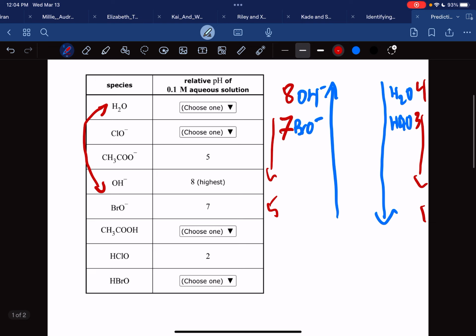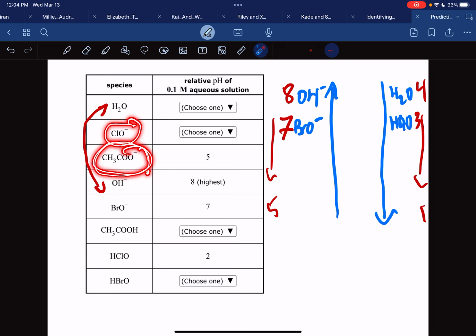Now, after BrO minus, we have to see what is next. If we look on our table, we have a few other choices for bases. And one of the things we can do with bases, we can look at the things that are negative, those are going to be bases. We've not figured out this one, ClO minus, and we have yet to figure out our 4 over here. But if we look at our ClO minus and our CH3COO minus, we have to determine which one of these two is the weakest.